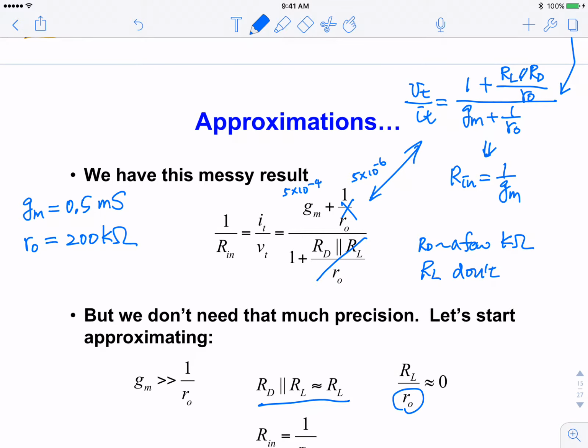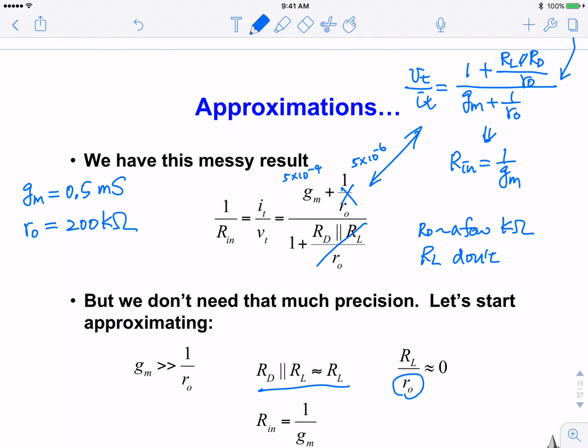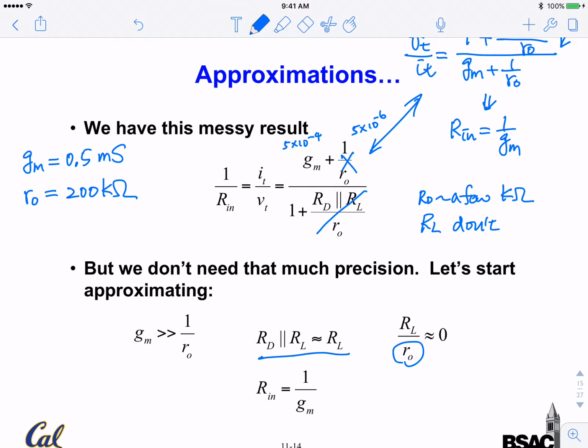GM is transconductance. 1 over GM has the unit of resistance. If we use this example, 1 over GM is 2 kilo ohm. So the typical number suggests it's 2 kilo ohm. In the hierarchy of resistance, 2 kilo ohm is considered a small resistance. So whenever you see 1 over GM, it's small.